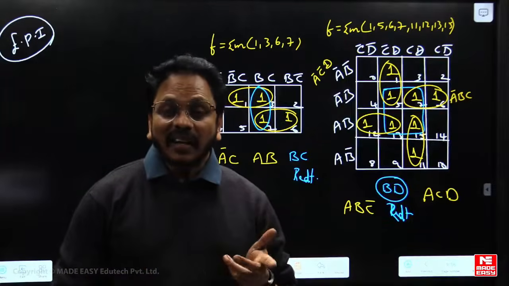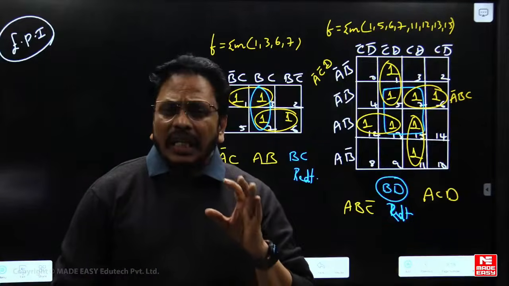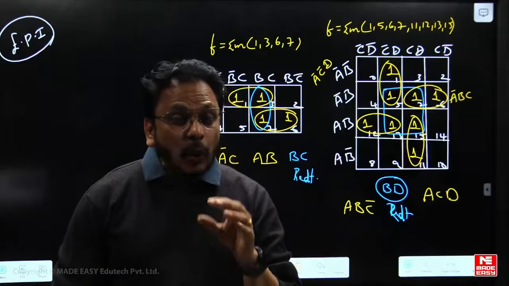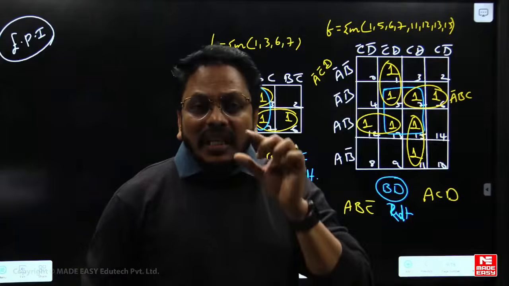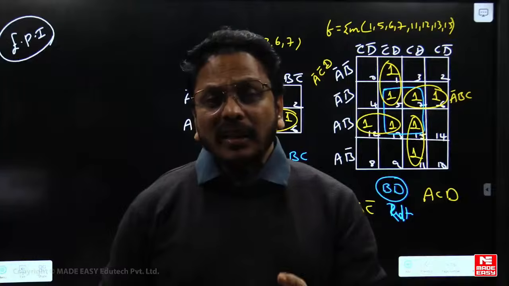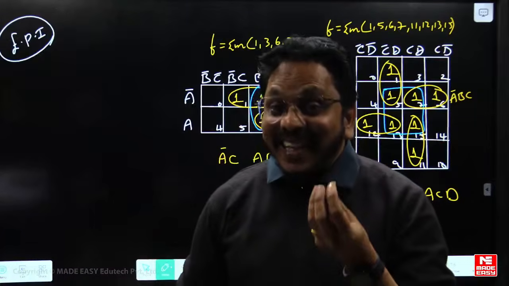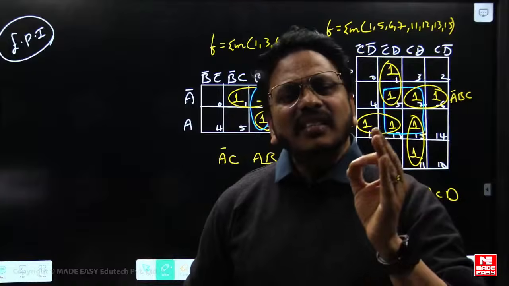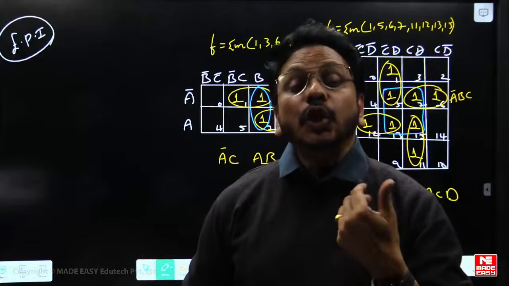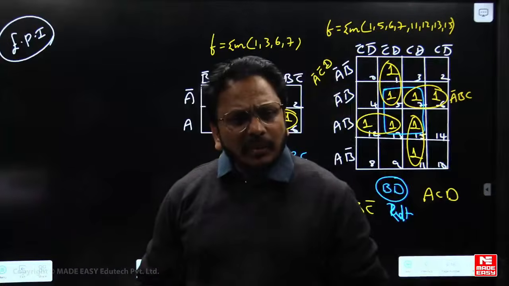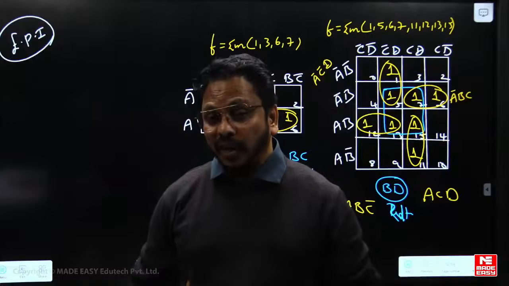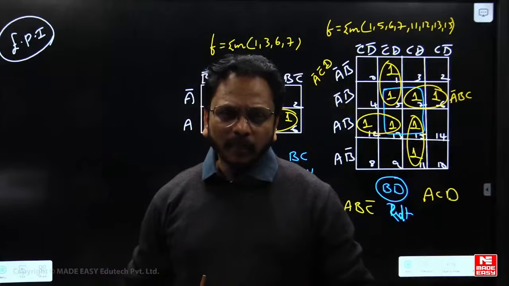Now let me handle the point here. To identify the essential prime implicant among the groups that we got, that group is going to become an essential prime implicant in which there is at least a single one which is uniquely grouped. Uniquely means which has a chance of only one time grouping.